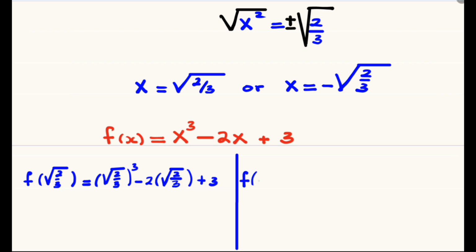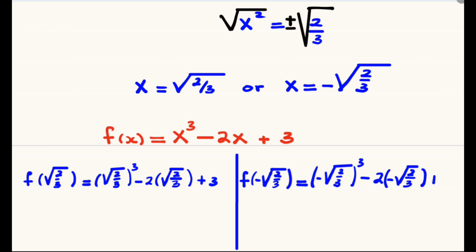And for the other negative x value, the negative square root of 2 divided by 3, the corresponding y value will be equal to negative the square root of 2 divided by 3 raised to the power 3 minus 2 multiplied by negative the square root of 2 divided by 3 plus 3.